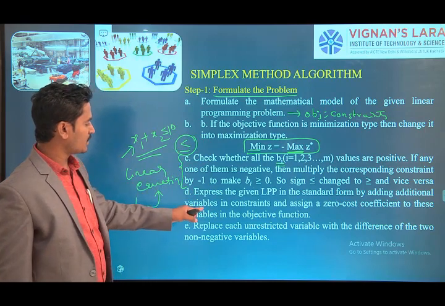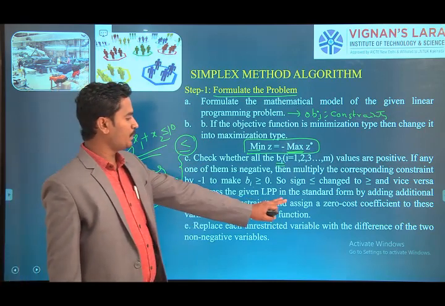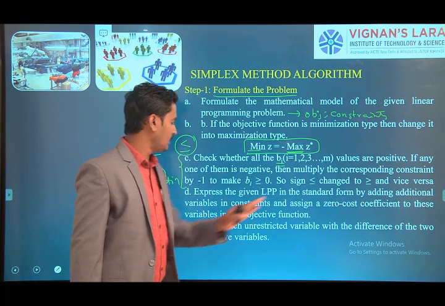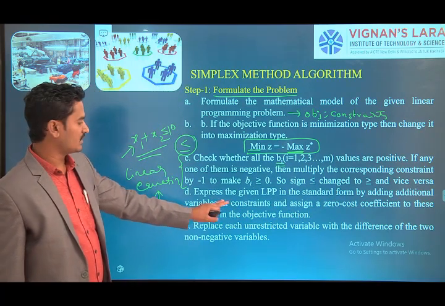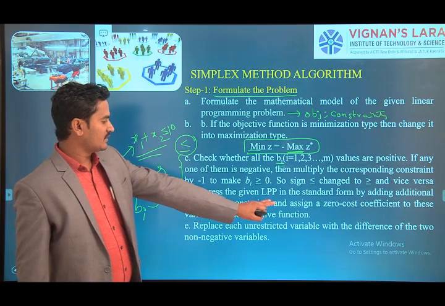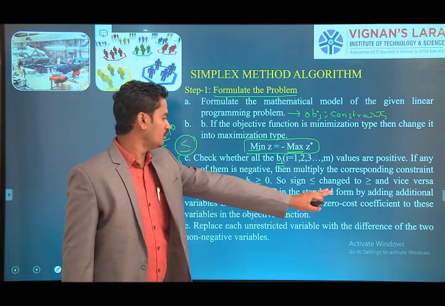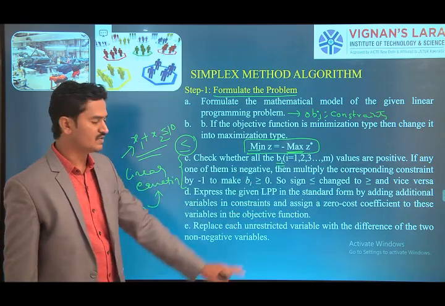Next, coming to the next point, express the given LPP in the standard form by adding additional variables in the constraints and assign a zero cost coefficient to these variables in the objective function.